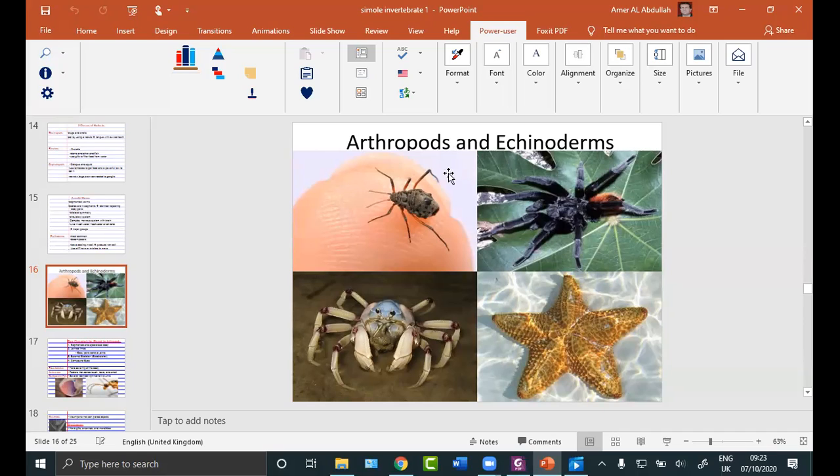Arthropods have a segmented body with paired limbs on either side of their body.